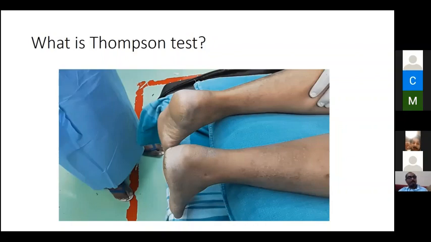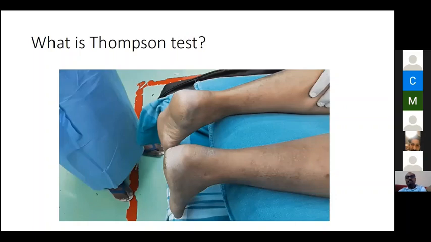Okay. Dr. Christo, are you there? Yes, sir. Christo, can you see the difference between the two legs, the position of the foot? Yes, sir. On inspection of the foot, what do you find?